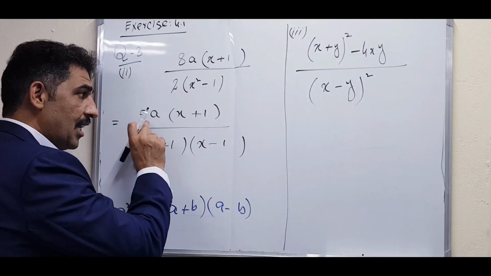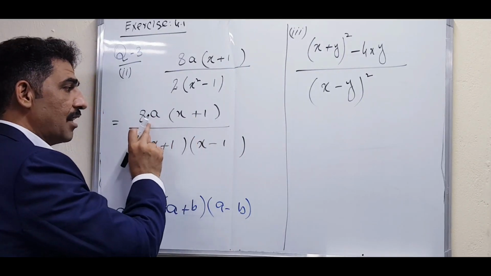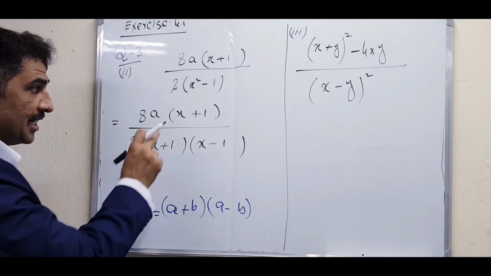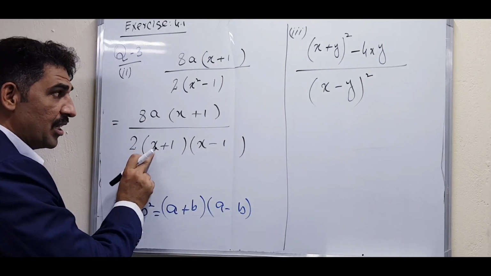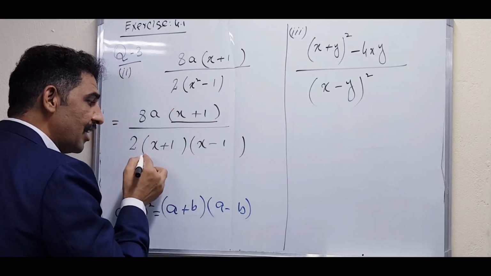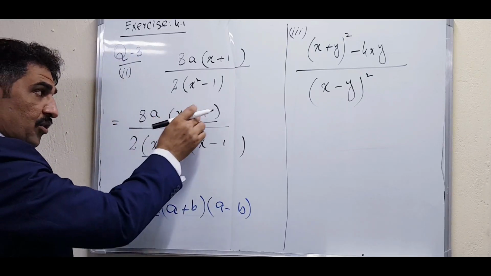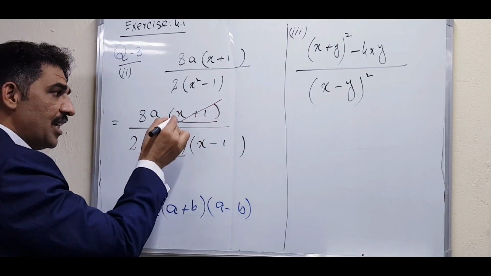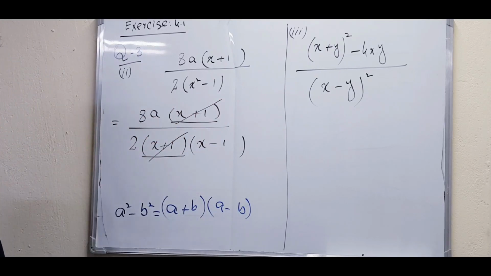It must be in factor form, a product: first term multiplied by second term multiplied by third term. This x and this x are not possible to cancel, because this complete term is one term and this is also one term. They are the same, and the relation between the two terms is multiplication, so we can cancel like that, right?